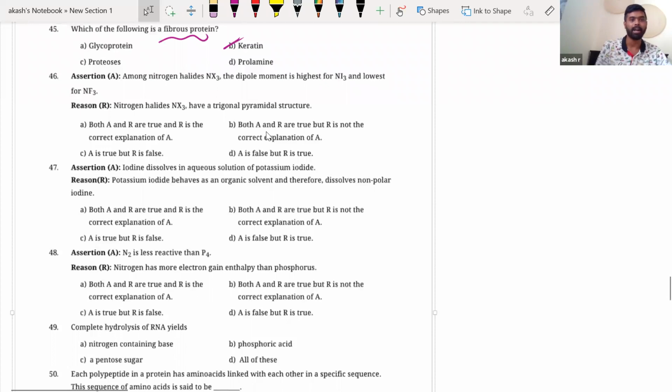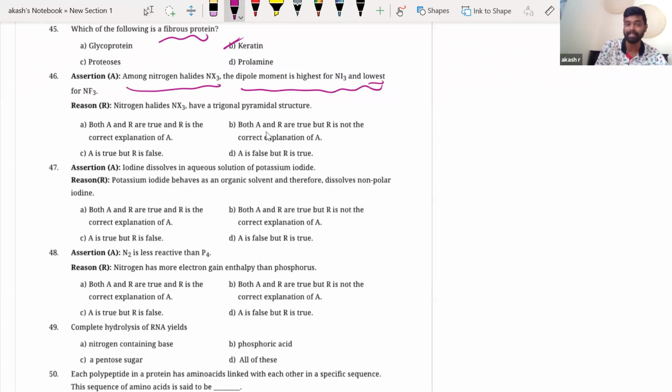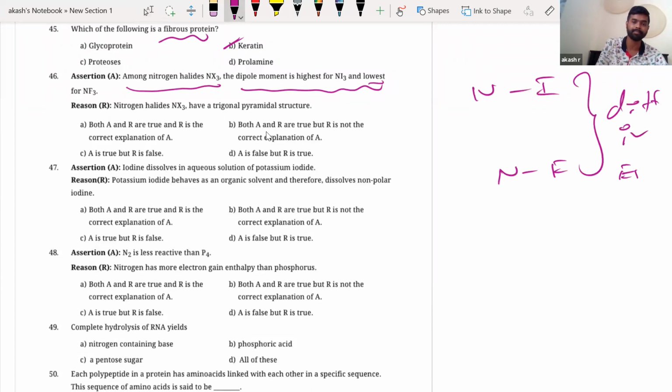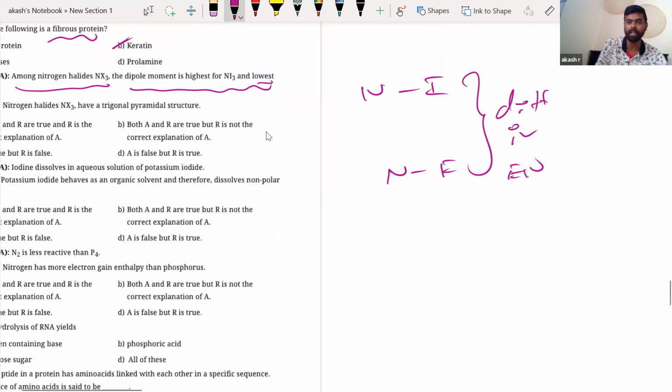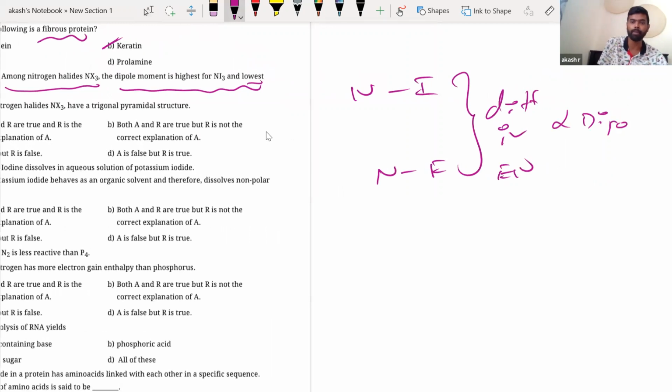Okay, next. Assertion-reason. Among the nitrogen halides NX3, the dipole moment is highest for NI3 and lowest for NF3. Yes, absolutely. Now you see, I have the N-I bond, I have the N-F bond. It is all about difference in electronegativity. More difference in electronegativity, more dipole moment.